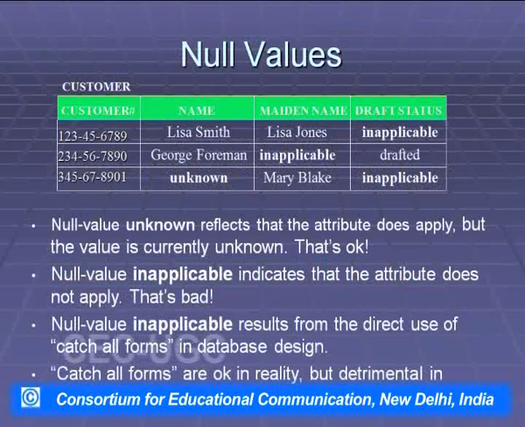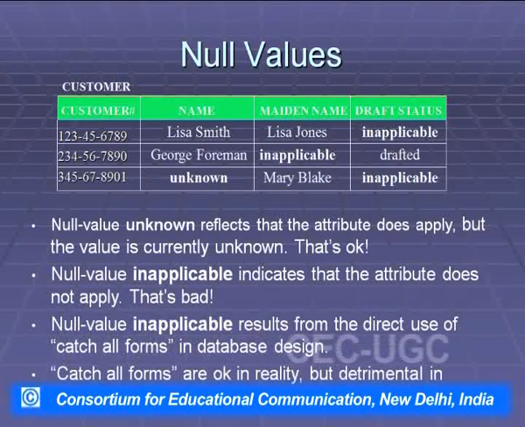Null values, which is very important. You should understand why null values are useful and not useful. In a database you can see the customer, name, maiden name and details. Here null value unknown reflects that the attribute does apply, but the value is currently unknown. That's okay.